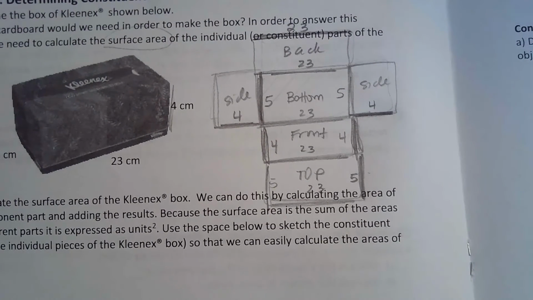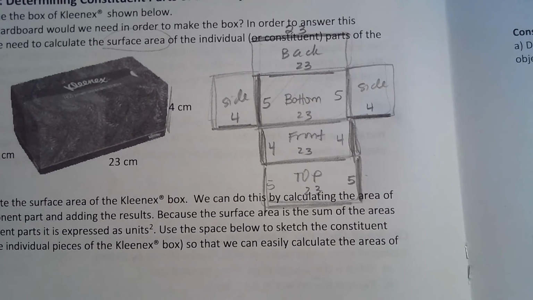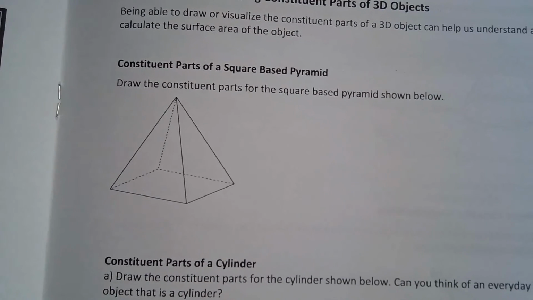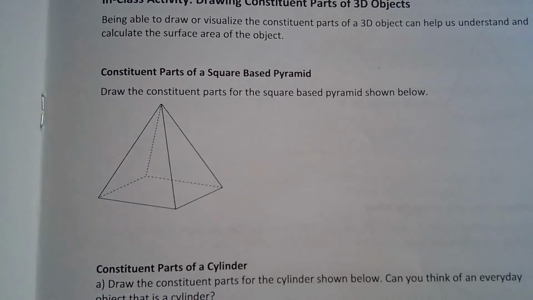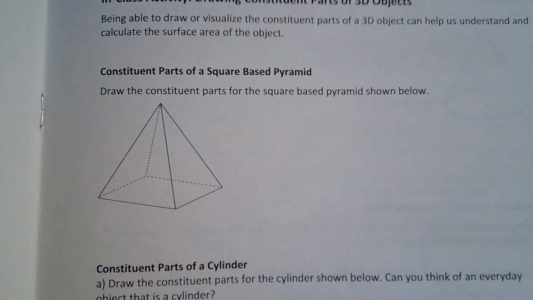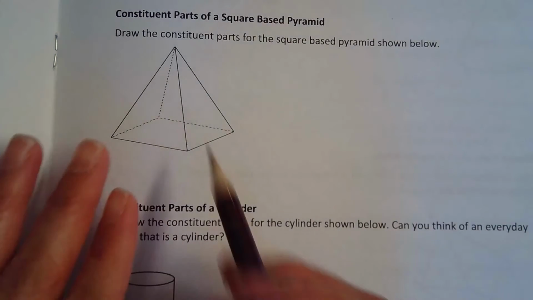Okay. Let's take a look at, that be okay? This part here, what we're doing is just to draw the constituent parts, meaning constituent shapes or figures. So when you open this up in our minds, what shape do we see when we open up this pyramid?